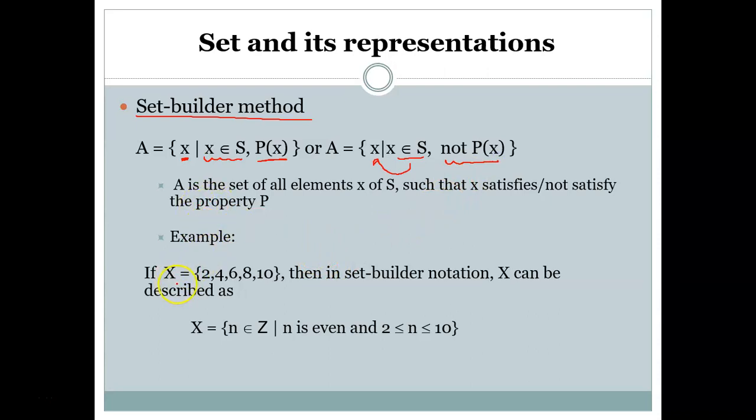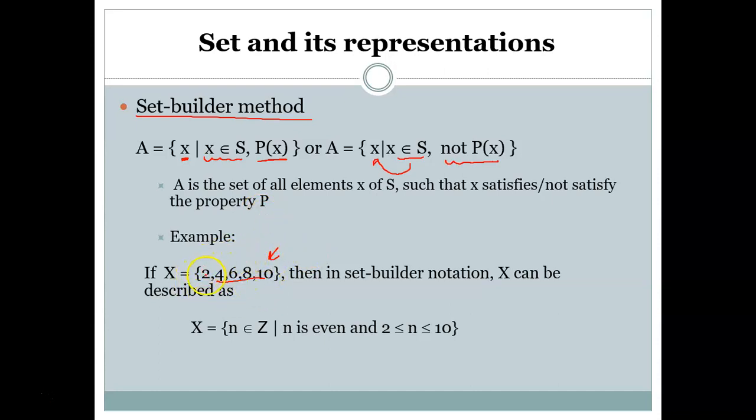Suppose we have this set 2, 4, 6, 8, 10. Definitely it has 5 even natural numbers, and this is the roster form. Now you want to represent it in set builder form. So what is the property you should identify over here?